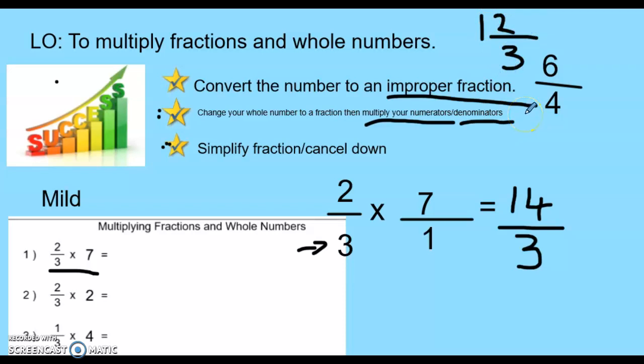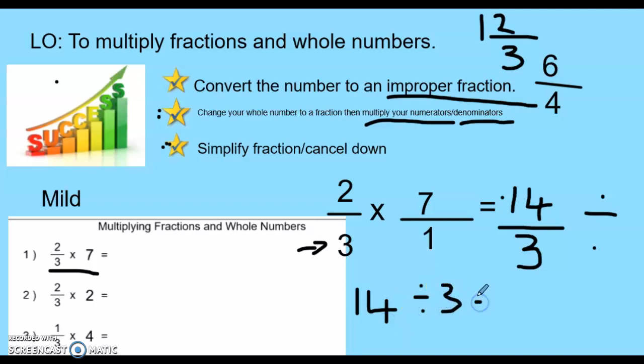We've already learnt this previously, so we know what a mixed number should look like. To do that, I need to use my division skills. I need to divide the numerator, 14, by 3.